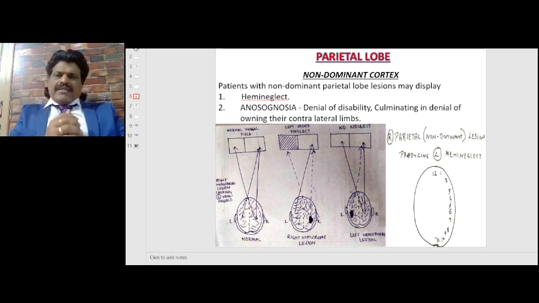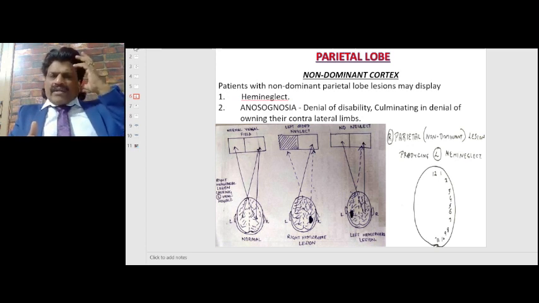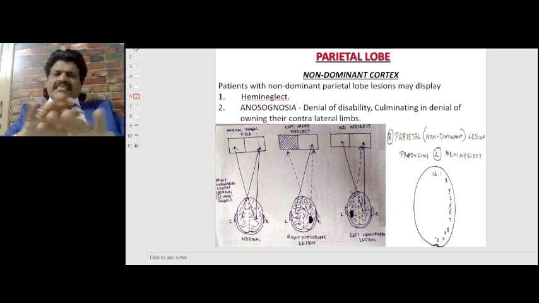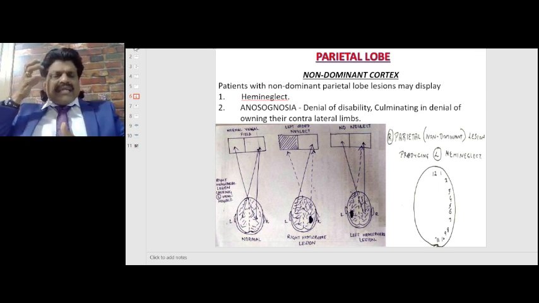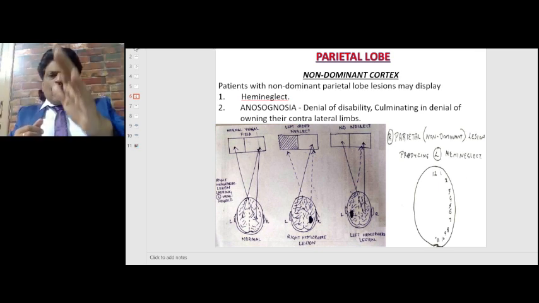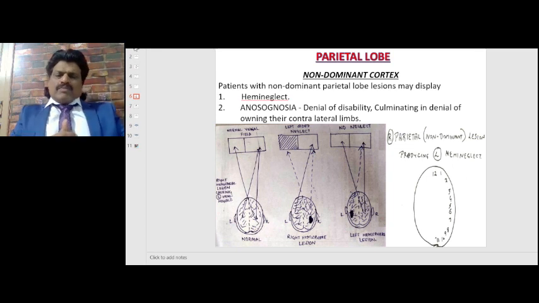The explanation is that the right parietal cortex controls both the right and the left extrapersonal space, as shown in the diagram, whereas the left parietal cortex controls only the right extrapersonal space.